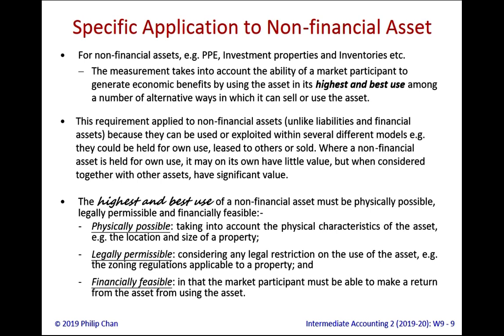This is quite similar to the emphasis on characteristics in fair value measurements. Remember, location, right? Then legally permissible: consider any legal restrictions on the use of assets, i.e., the zoning regulations applicable to a property.